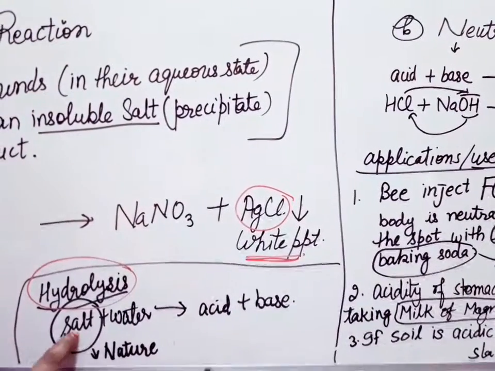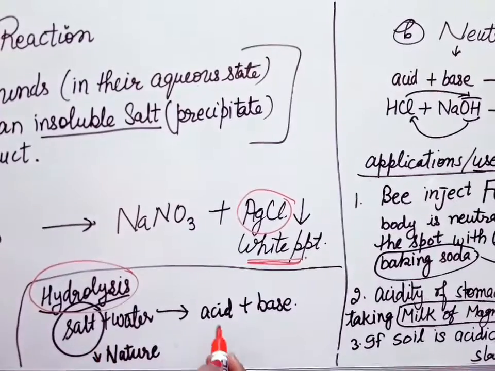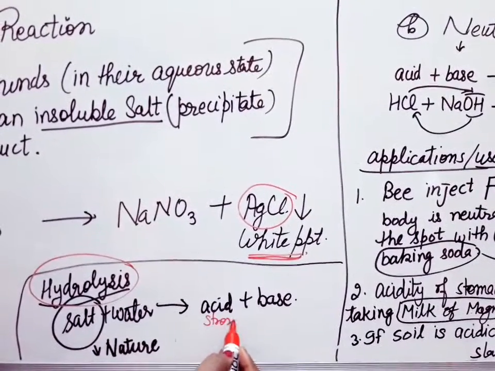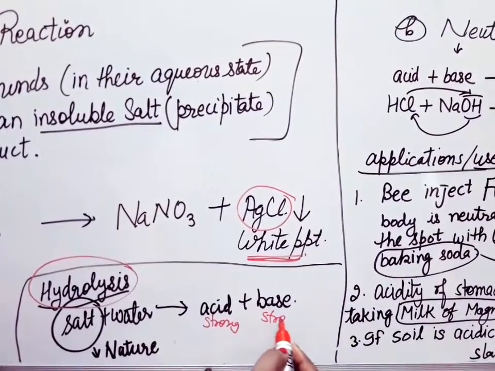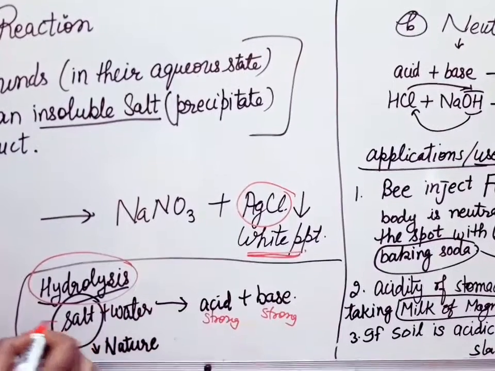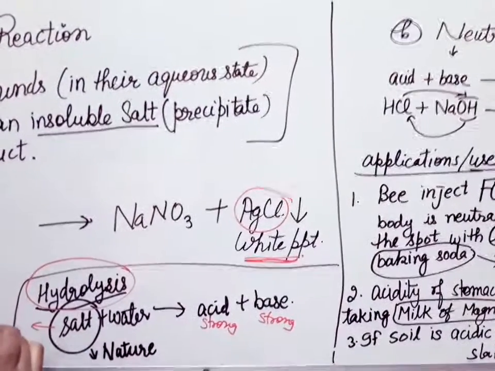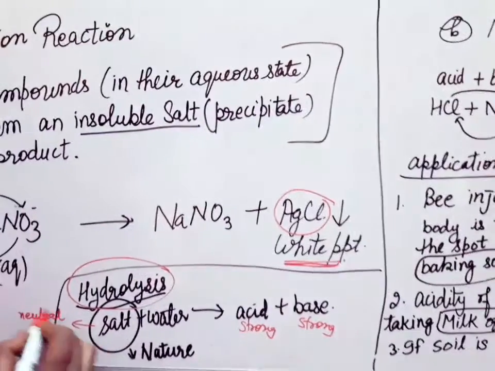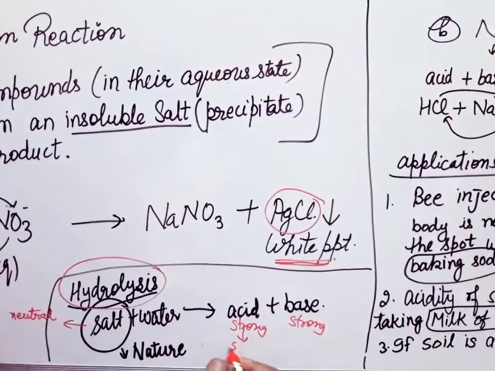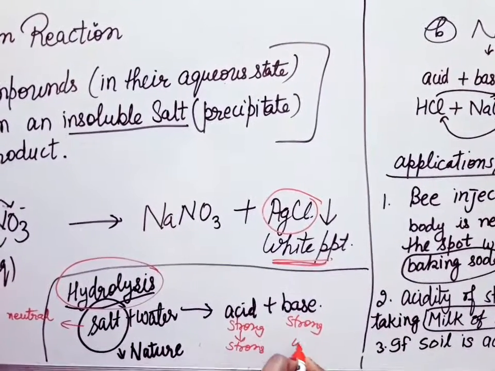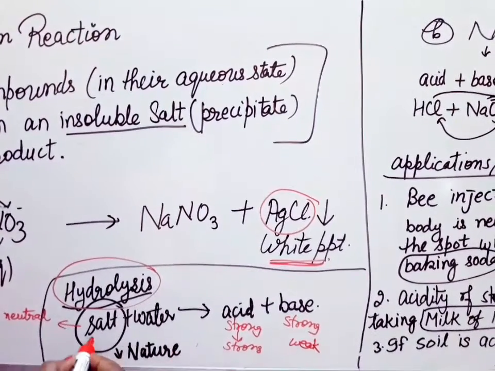Now, what is the nature of the salt? When the acid is strong and the base is also strong, then the salt will be neutral. But if the acid is strong and the base is weak, then what will be the nature of the salt?